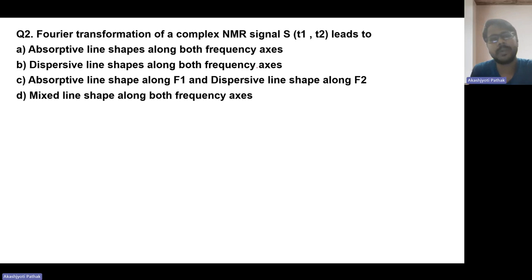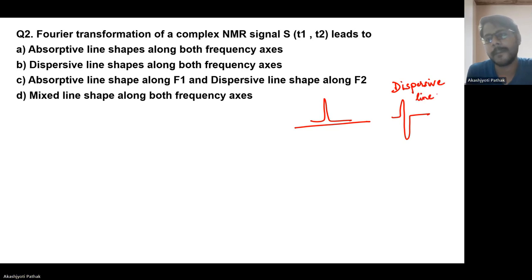So, I hope you remember, this type of spectrum is called an absorptive line shape. And when you get a spectrum like this, it is called a dispersive line shape. So Fourier transform of the time domain into frequency domain can yield different line shapes, the dispersive line shape and the absorptive line shape.